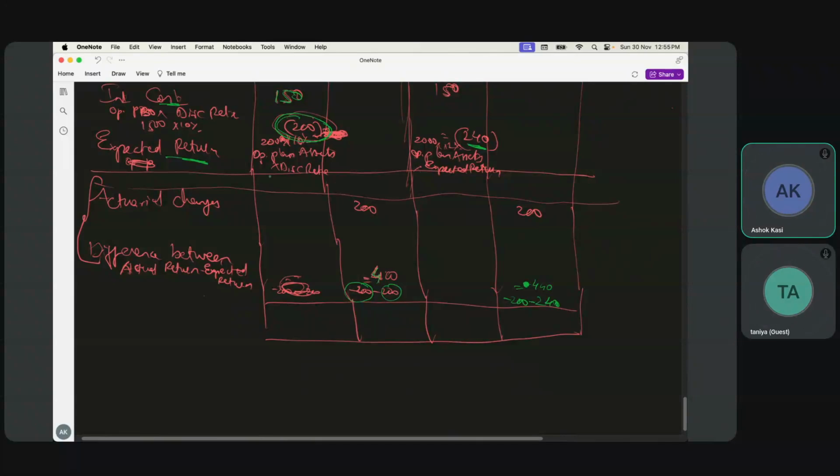So what I have done, net, is this: these numbers are a little confusing, with 200 everywhere. This is what I expected, minus 200, and the remaining amount I'm writing over here.